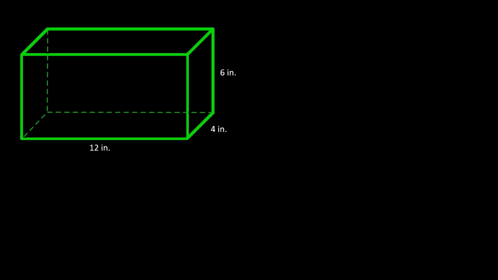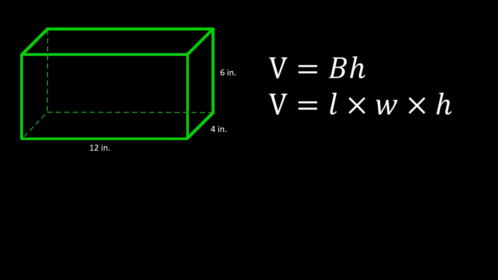For our first example, we have a rectangular prism that's 12 inches by 4 inches by 6 inches. And we're going to find the volume using that formula volume equals the area of the base times the height. But we know that that's the same formula as volume equals length times width times height because capital B is the area of our base.